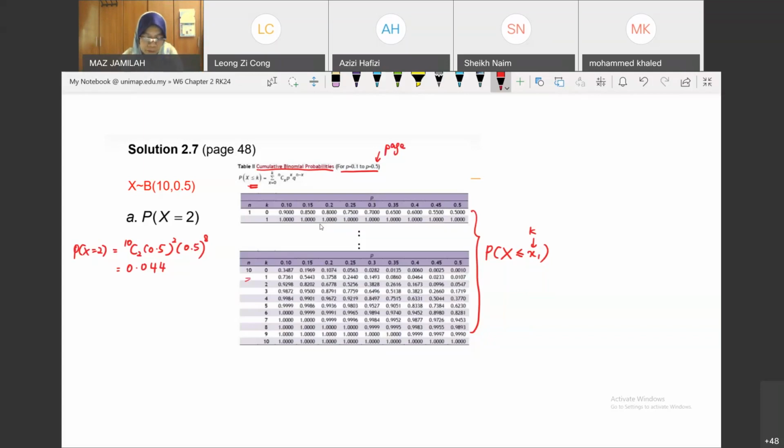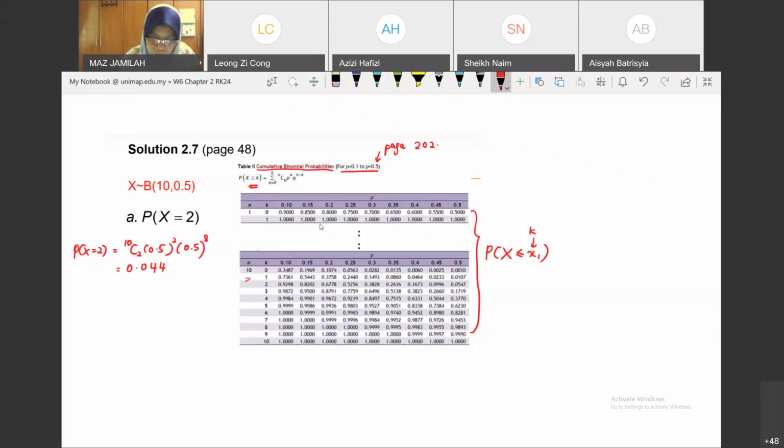On what page is that? Page 202, right, class? Yes, page 202.